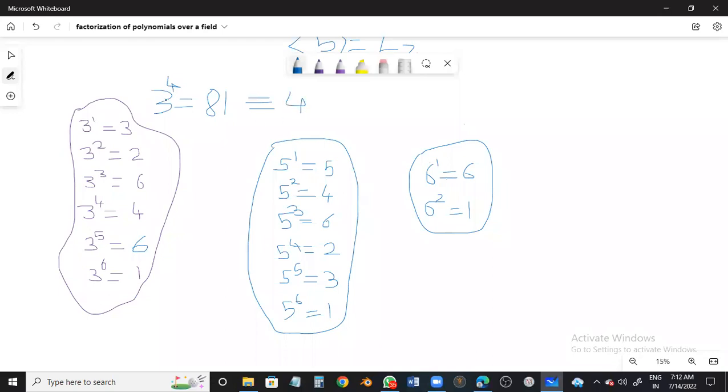Yes, that is why I have written 3 raised to 4 means 4. Now to this I need to multiply by 3. So 3 raised to 5. So 4 3s are 12. Now tell me what is the remainder. 5. It must be 5. So that's why I had written earlier 5 in this place. Is it so? So it must be 5.